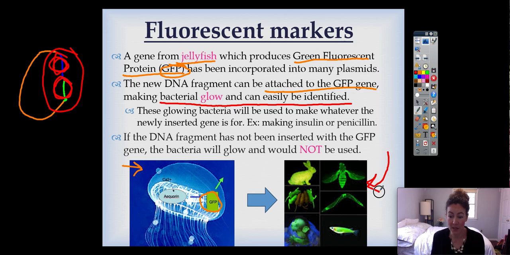Take a look at these animals down here. They had new genes inserted into their cells with the GFP, green fluorescent protein gene, attached, and now they're glowing. Check it out. Rabbits, mice, chimpanzees, fish, worms, looks like a bee or some sort of bug. Definitely, all sorts of animals can easily be identified.